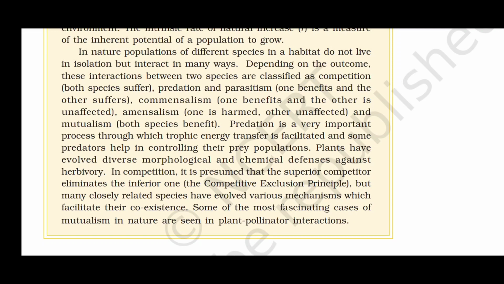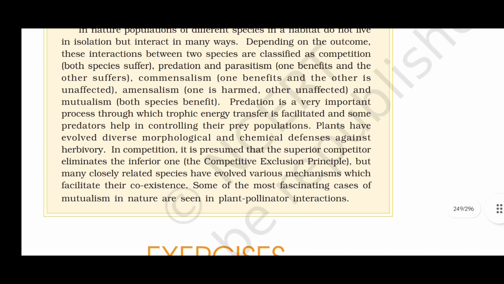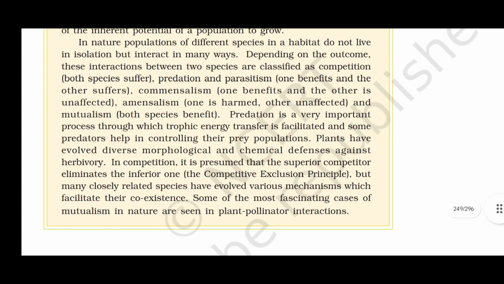But many closely related species have evolved various mechanisms which facilitate their coexistence. Some of the most fascinating cases of mutualism in nature are seen in plant-pollinator interaction.